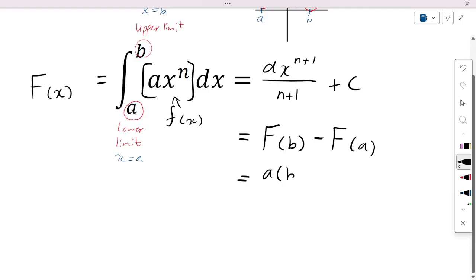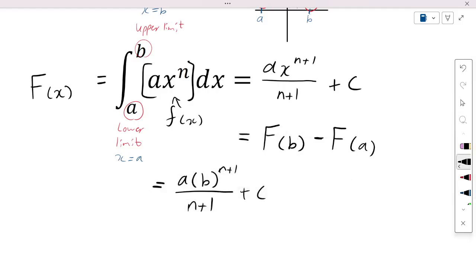So it's going to be a multiplied by b raised to the power of n plus 1 divided by n plus 1 plus c. And now I'm just going to write this a little bit to this side so I have more space. So this is going to be minus because we have the negative over here.